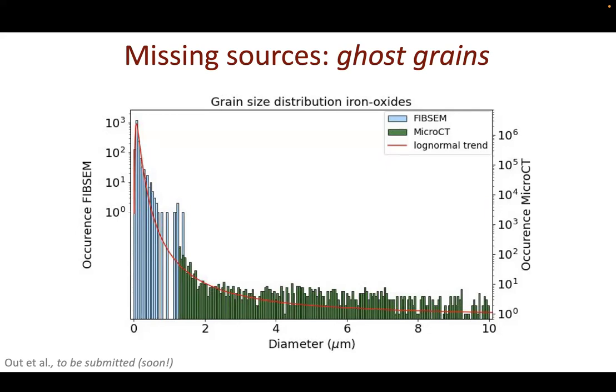So now we have a log normal distribution, and it peaks here with grains of about 80 nanometers, which is a bit problematic, because the resolution of our microscopy just goes down to this range. So that means that we missed the majority of our magnetic grains.